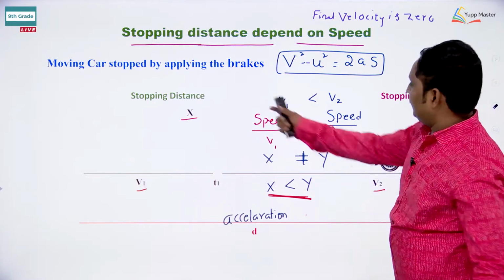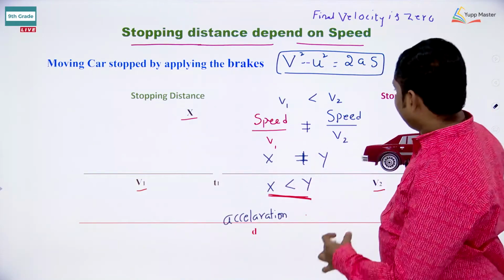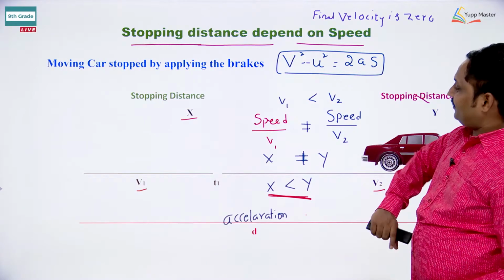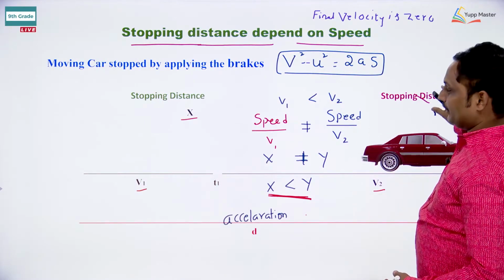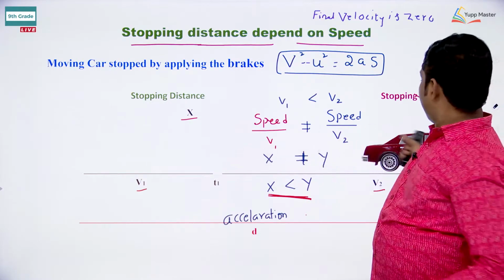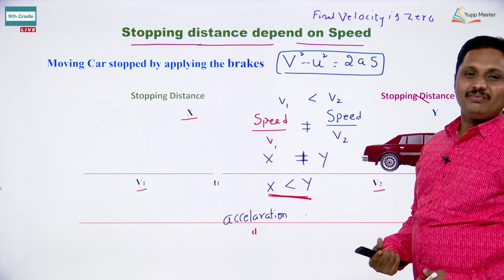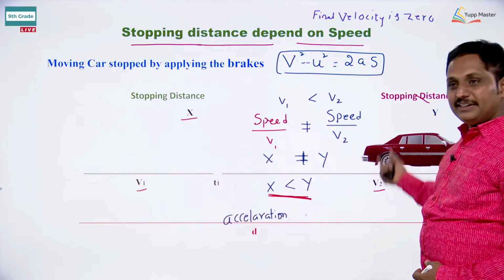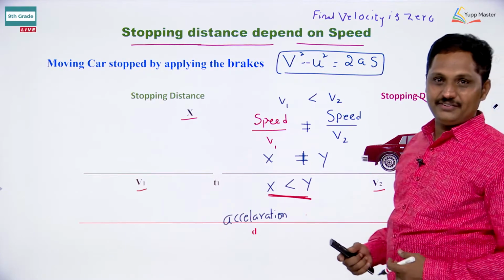All of you can see that it is very clear. You can take the stopping distance y, its speed V1, its speed V2. Now you have different case studies.